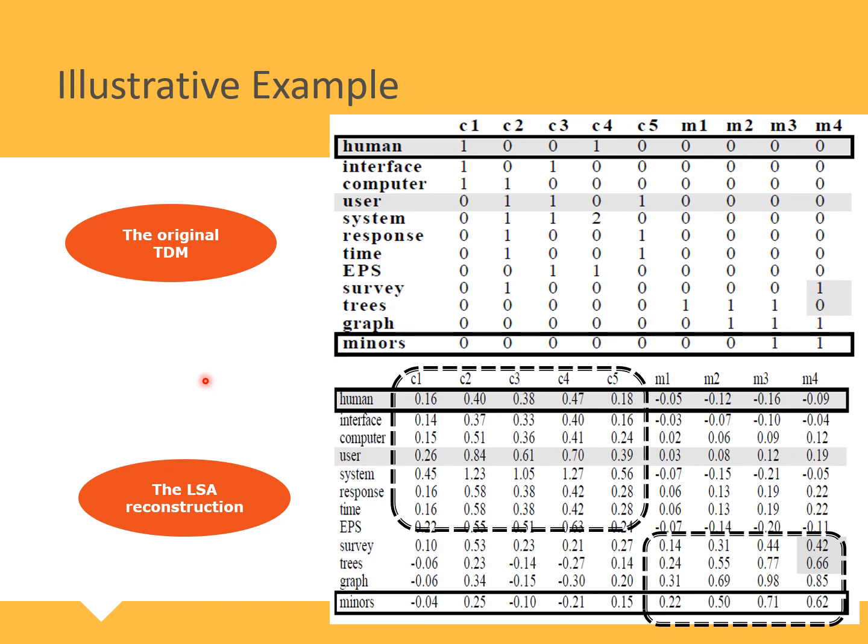And we then formulated the problem of LSA, saying that it will deal with this problem of polysemy and synonymy, and in a way it will also reduce the dimension of the data that we are dealing with. And then we looked at the mathematical formulation of latent semantic analysis.